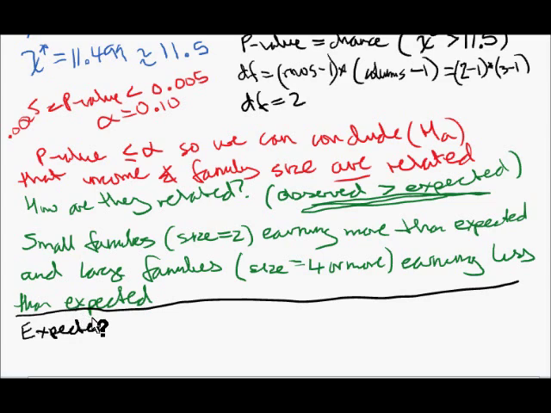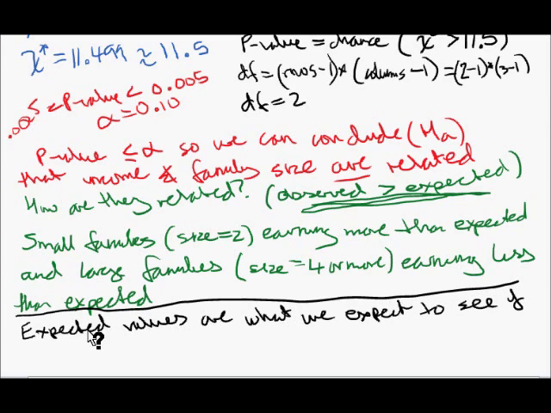Well, expected values are what we expect to see if the null hypothesis H0 is true. So no relationship between the two variables. That's why they're called expected values. They're what you expect to see if H0 is true, if there's no relationship.